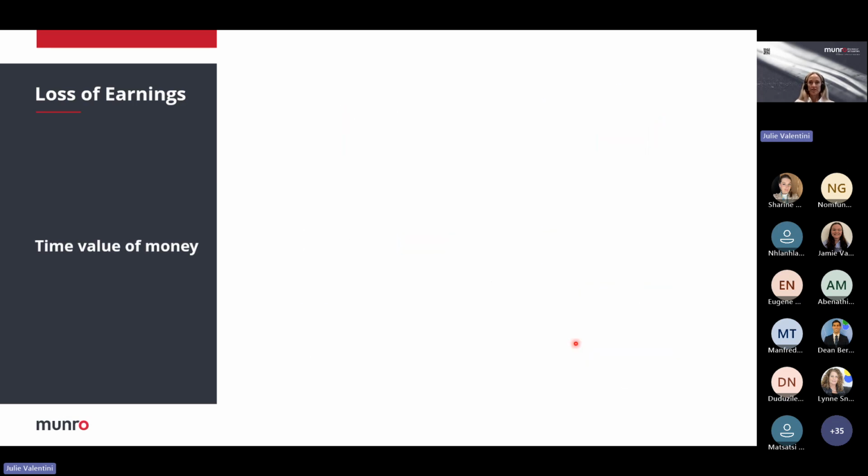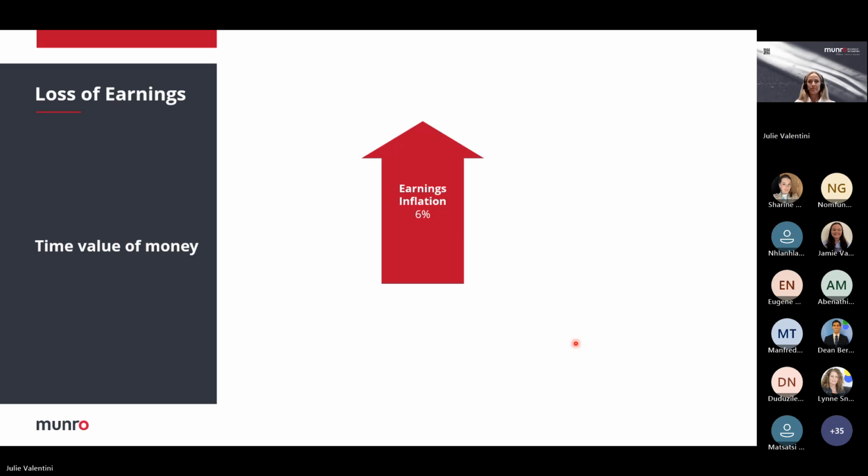We use the same principle, though, when we calculate the lump sum that is sufficient to meet future losses. So what we do in each month, we increase the earnings with earnings inflation, and we do use that figure of 6%. So in other words, if we assume the claimant earned 100 Rand per month, I'm just using easy figures, 100 Rand per month this year, we assume that they'd earn 106 Rand next year.